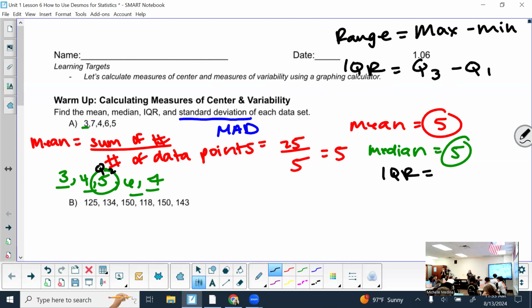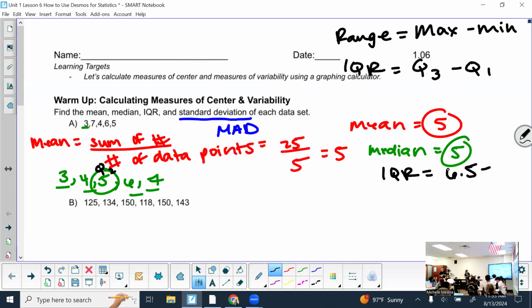That's our Q2 that divides our data into our lower and our upper half. Let's look at the upper half first. Now I only have 2 numbers. So I'm trying to find the middle of my upper half. What's the middle way between 6 and 7? 6.5. So my Q3 is 6.5.